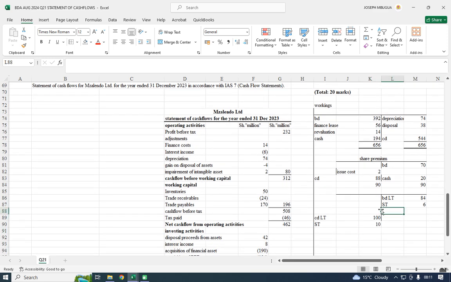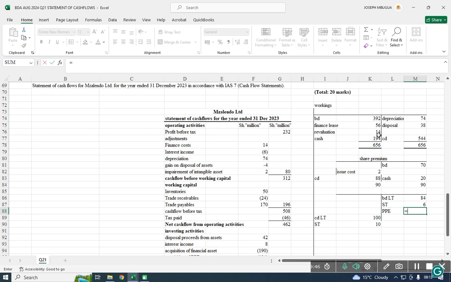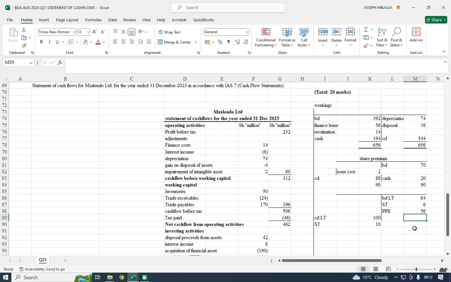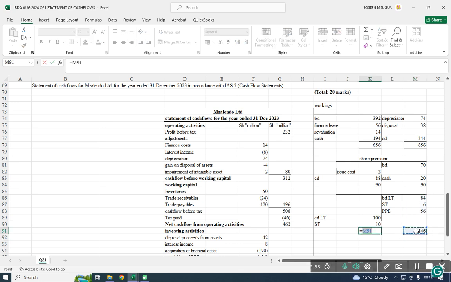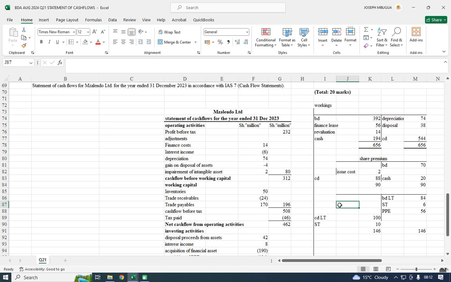Then we bought PPE under finance lease, this one, the 56. It means we paid the difference. The difference will be what we paid here.